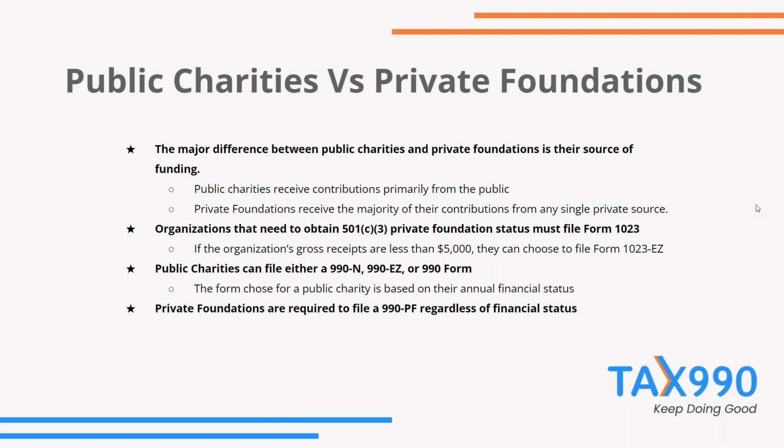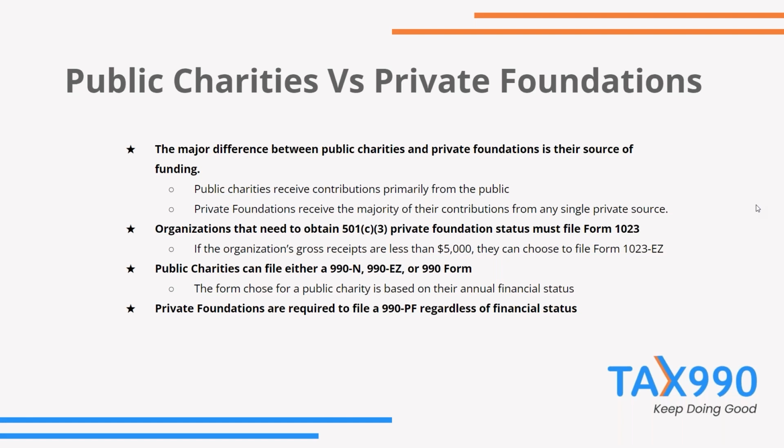Any organization that obtains 501(c)(3) tax-exempt status is automatically classified as a private foundation unless they meet any of the criteria of public charities, or they voluntarily apply for public charity status on Form 1023 Part X.